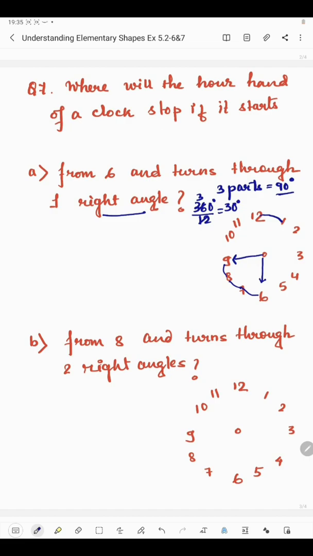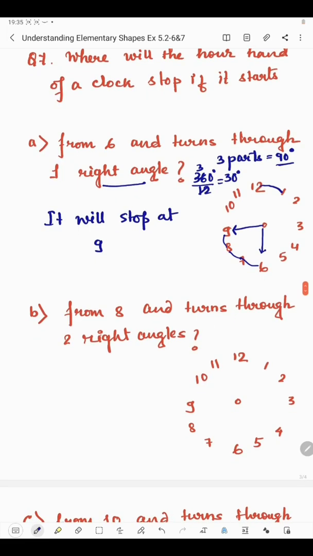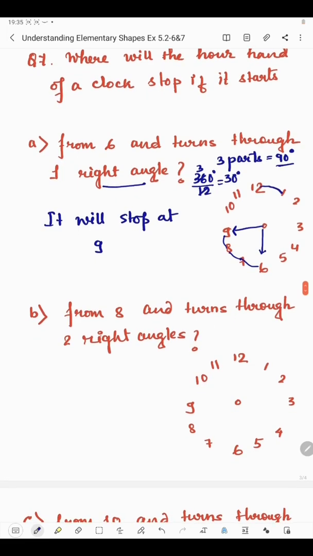So the hour hand of a clock, if it starts from 6 and turns through 1 right angle, it will stop at 9. Okay, so we'll write it will stop at 9.